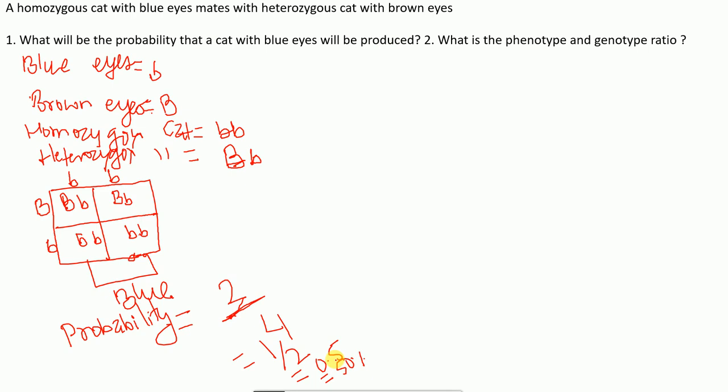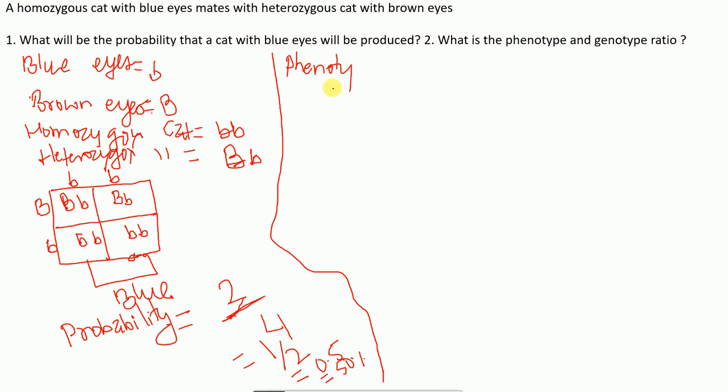Okay, so now to solve the next question, what is our next question? Our next question is: what is the phenotype and genotype ratio? Let's first deal with the phenotype ratio.